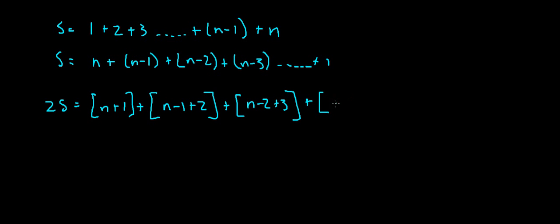plus n, no need to do any more. The last one will be n plus 1 again. So it's pretty easy to see that all of these are going to equal n plus 1, n plus 1.